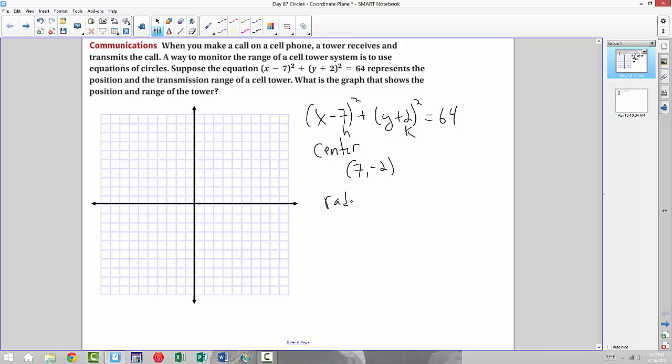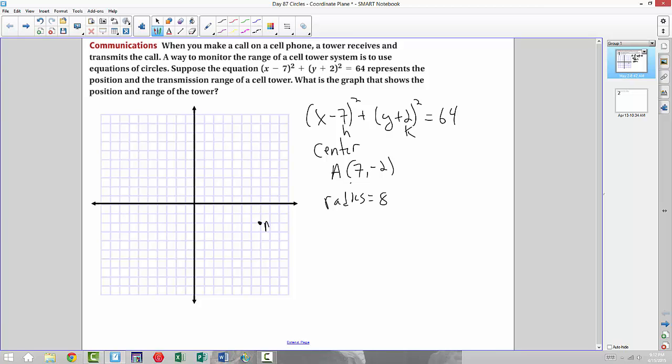The radius is equal to 8. So I want to plot my center, point A, 7, comma, negative 2. So I go over 7, 1, 2, 3, 4, 5, 6, 7, down 2.